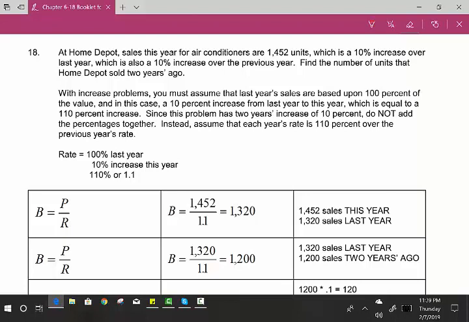Well, let's just work it back 1 year at a time. Since we know that there's a 10% increase from last year to this year, we know that we want to take last year's value of 100% plus a 10% increase to give us 110%, or 1.1 when we move the decimal point 2 places to the left.